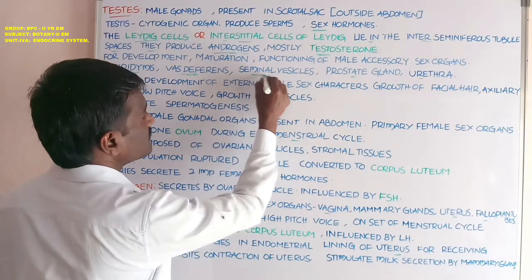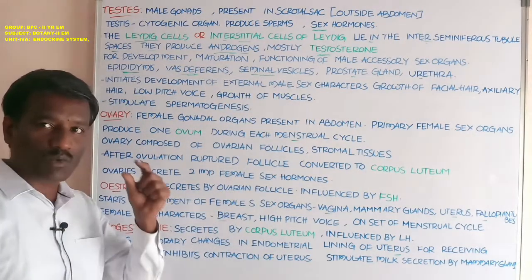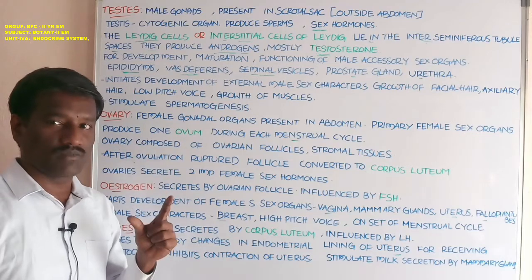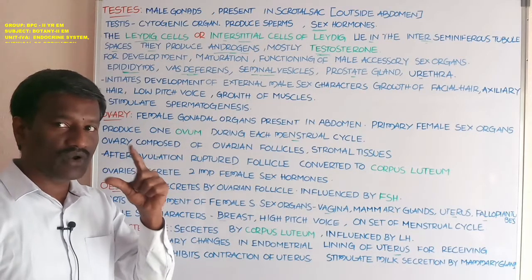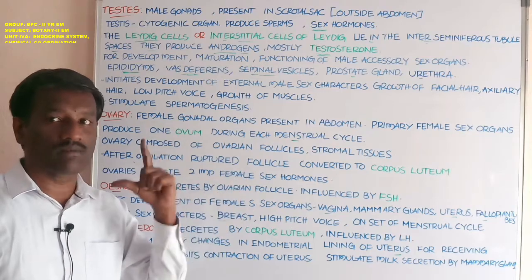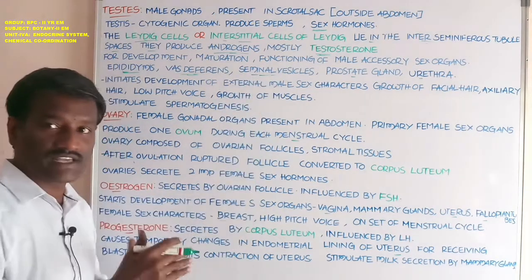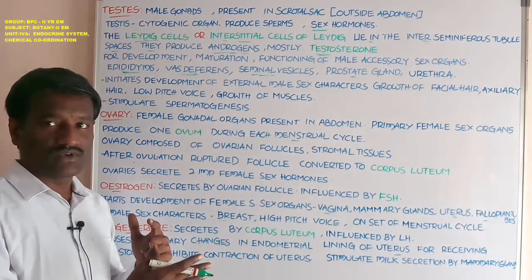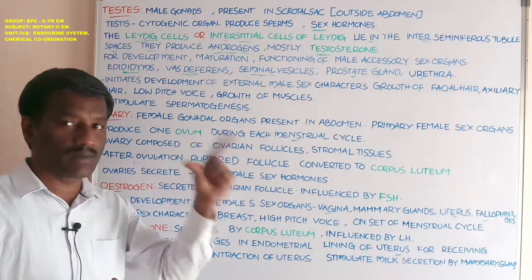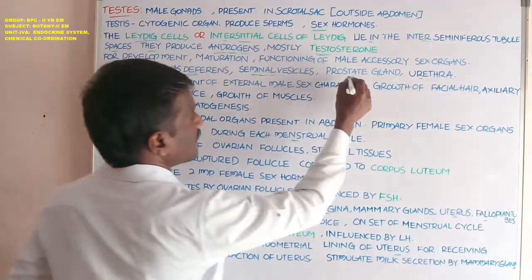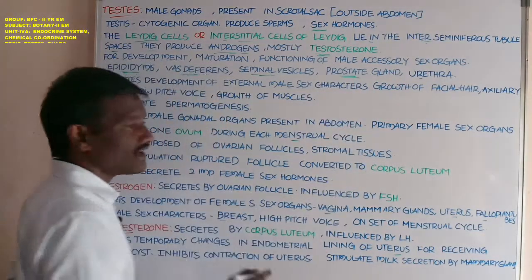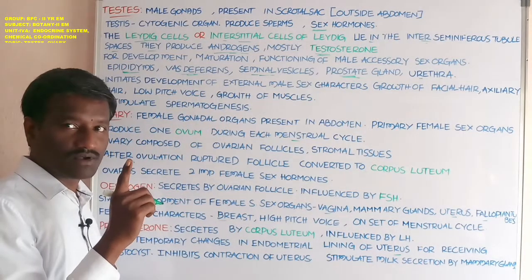Next, the seminal vesicles. They are paired in number and located behind the urinary bladder. The seminal vesicles secrete fluid that combines with the semen. Another one is the prostate gland, only one in number.